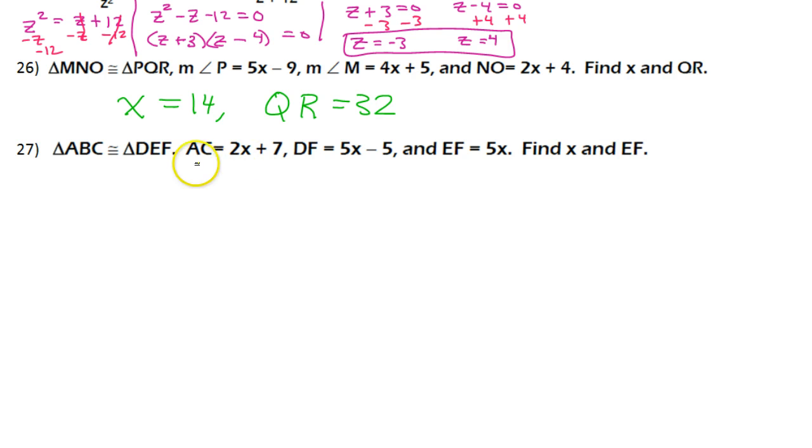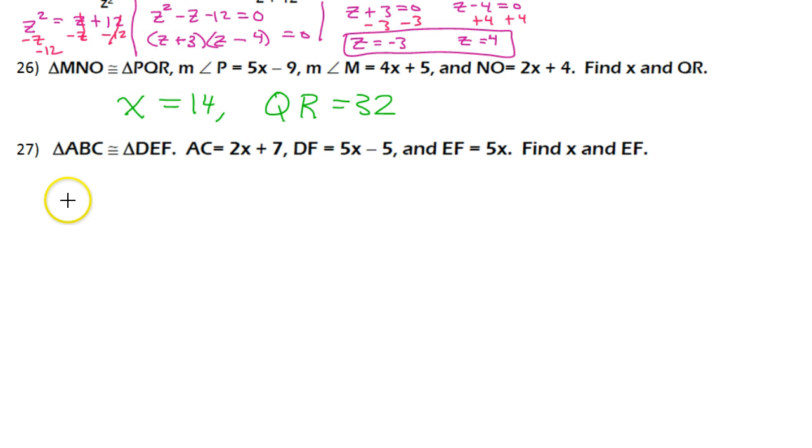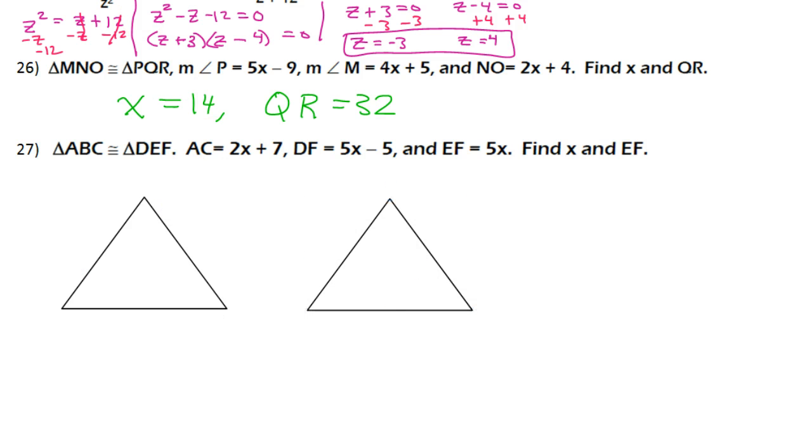All right, here's the last problem. It's very similar to number 26, except I might actually have enough space to do it. All right, they said triangle ABC is congruent to triangle DEF. Okay, so we'll call this ABC, and we'll call this DEF. All right, AC is 2x plus 7.